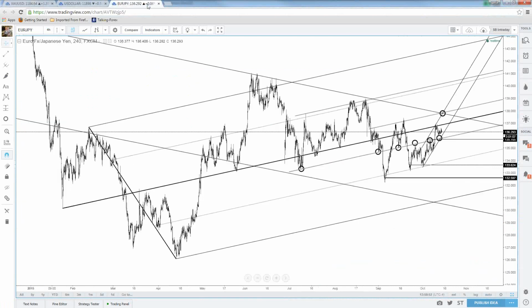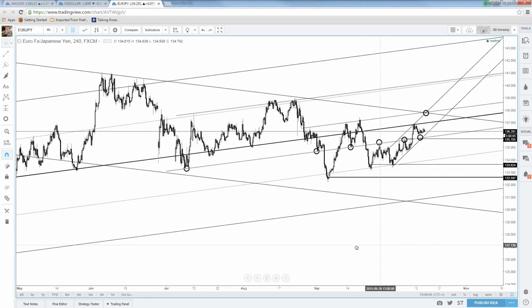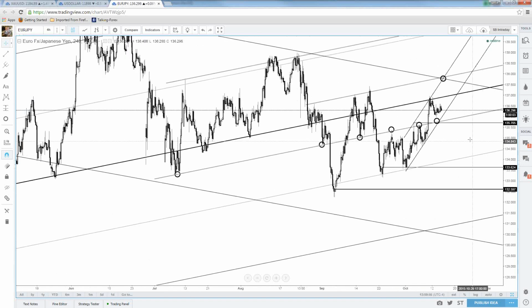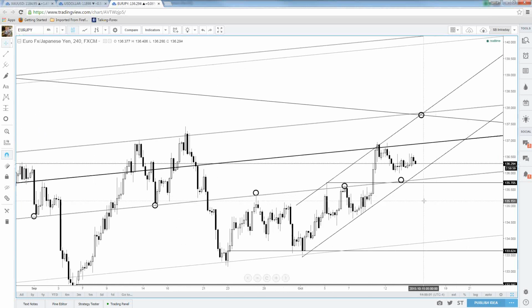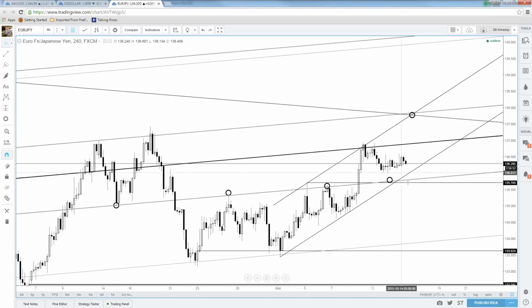So euro yen, here's the 4-hour chart. The thing for me here is that it's probably not a great trade at this point. At least nothing to write home about, because you've got so many better things to trade. It's not like euro and yen are moving in the same direction right now. They've gone back to both being risk on, risk off, it seems, just over the last few days.